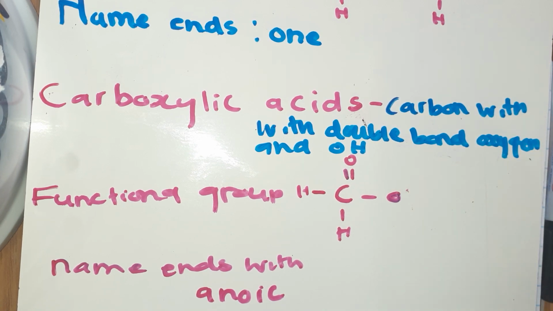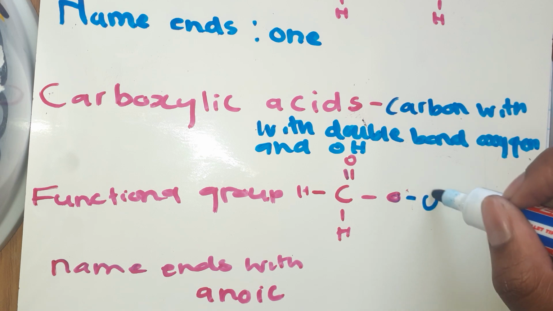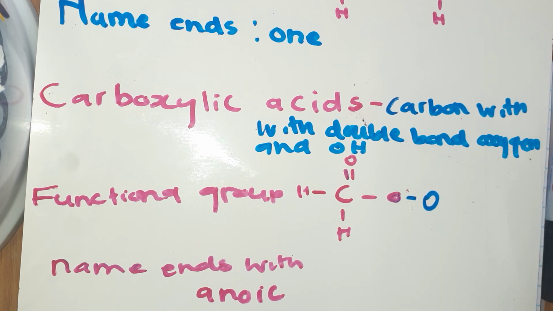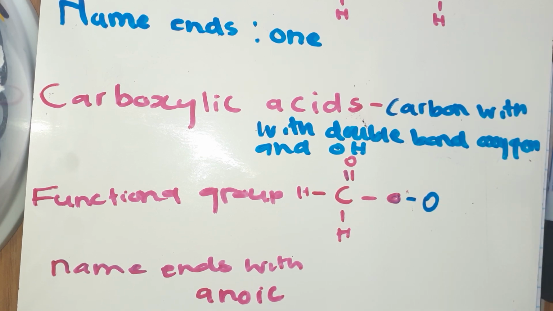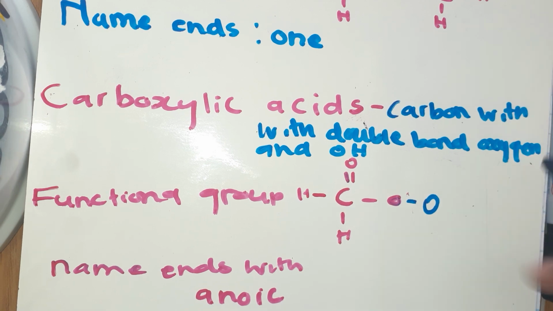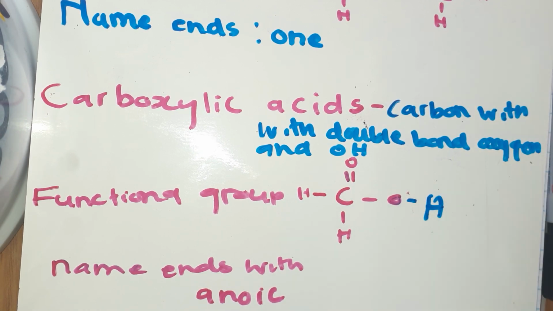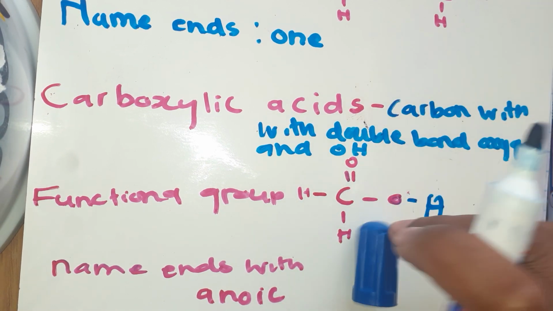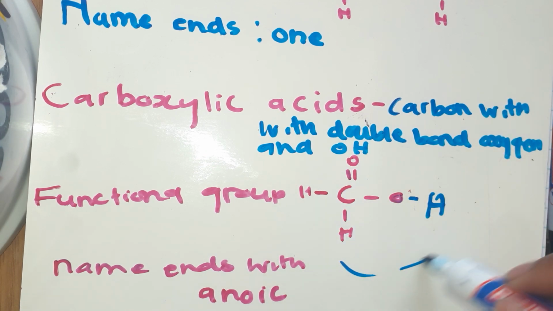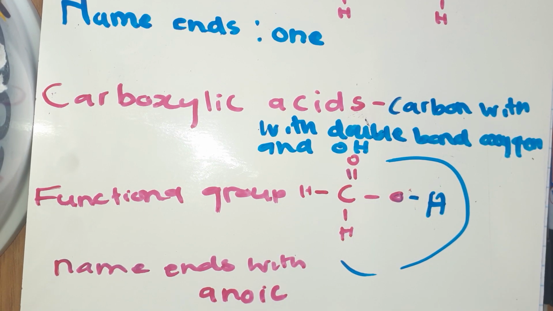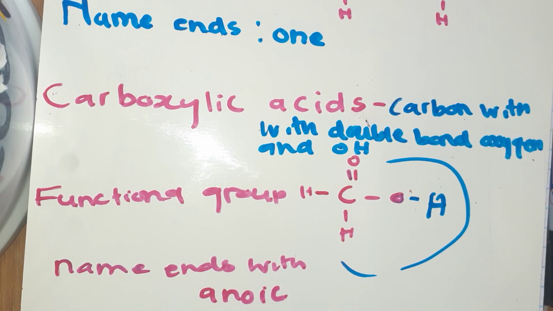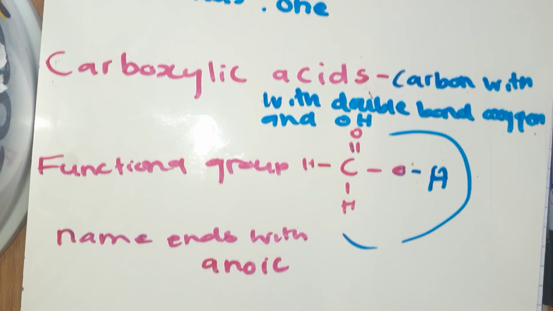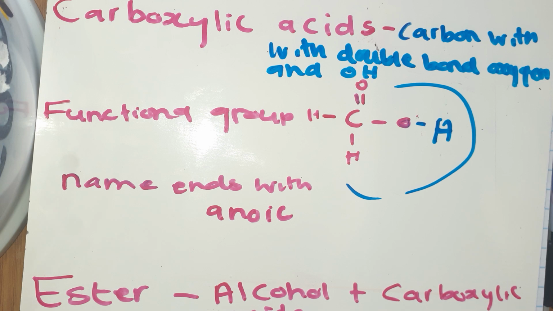Or it can be written like that, O and then H, single bond carbon, then single bond oxygen, not OH. There has to be a double bond first. So that's the functional group of carboxylic acids, and the name ends with anoic.